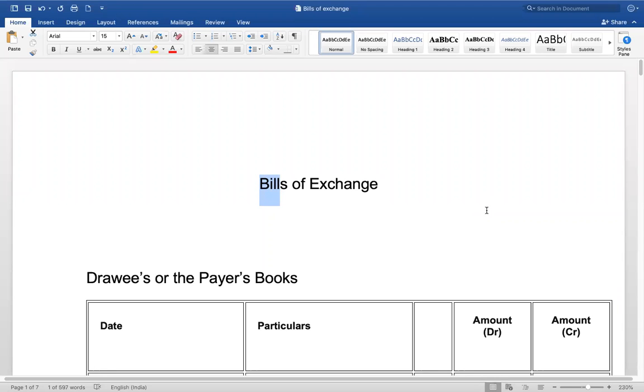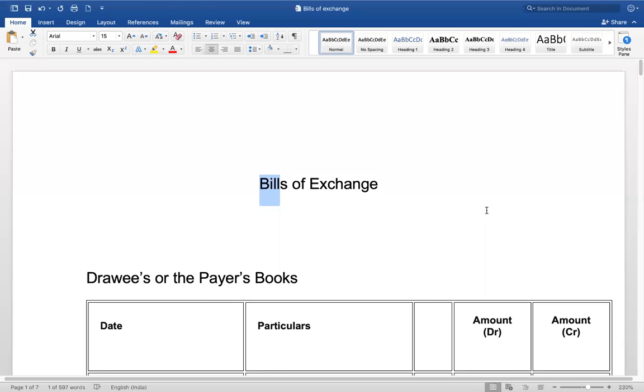A bill is a written document drawn by the one who is selling the goods, the vendor, for the goods he is selling, the value of the goods, and when that amount is payable.